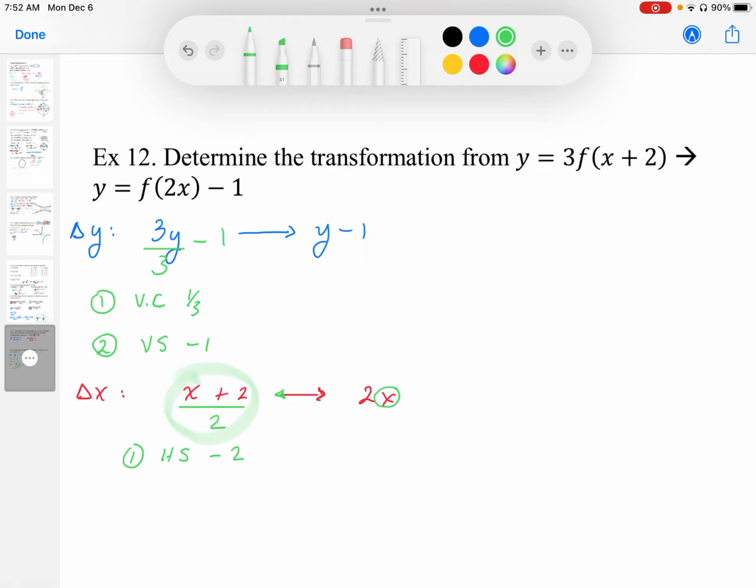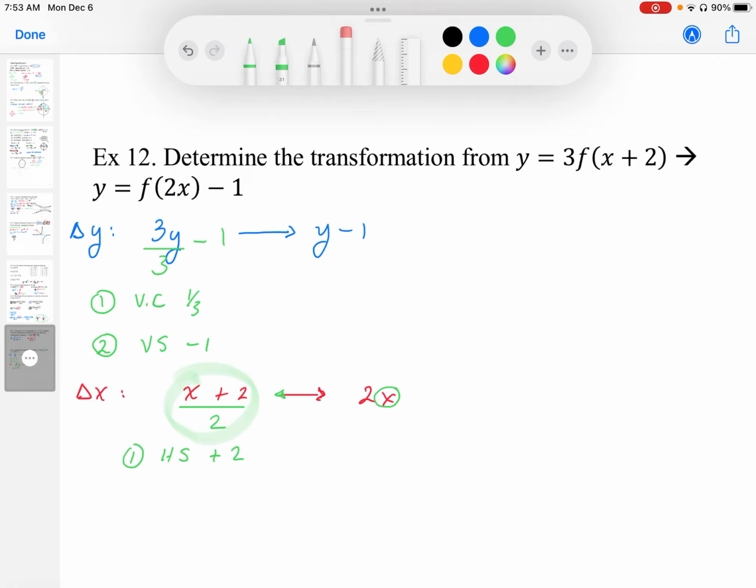If we think of this x plus 2, it's going to be plus 2, because this describes what's going on. So this is originally left 2, and I'm going to go to the right 2 to get rid of any horizontal shift that I have in here. Okay, so that's my first step.